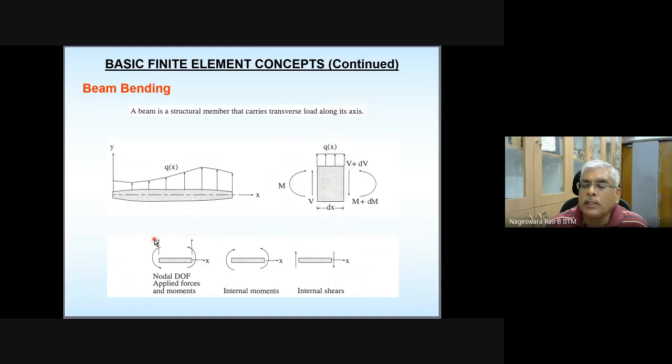F1 is acting in the same direction as V1. So if you want to express applied forces in terms of internal shear, V1 is going to be same as F1. And here V2 is going to be minus F2.